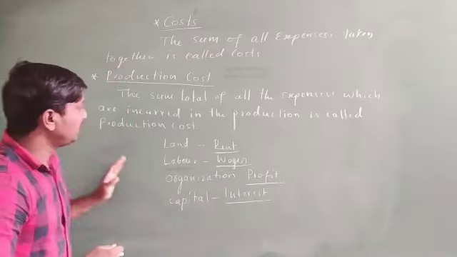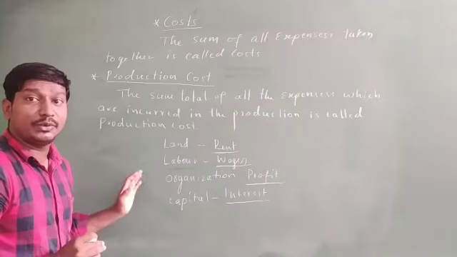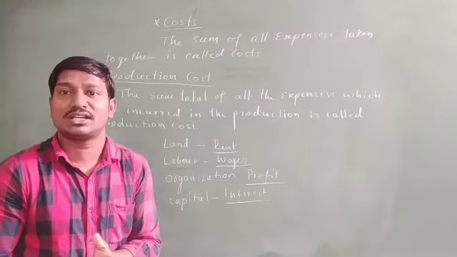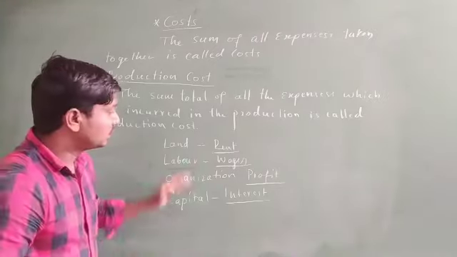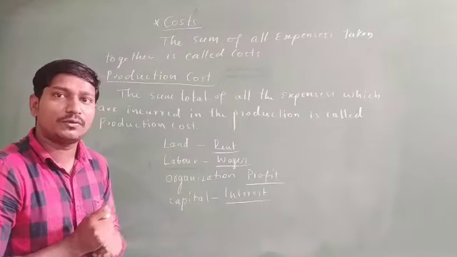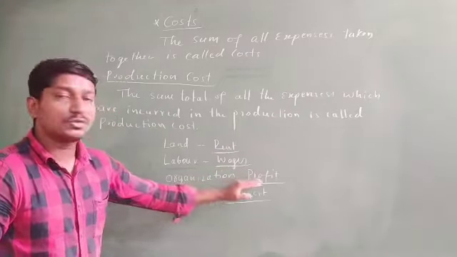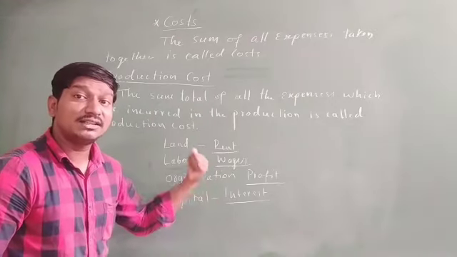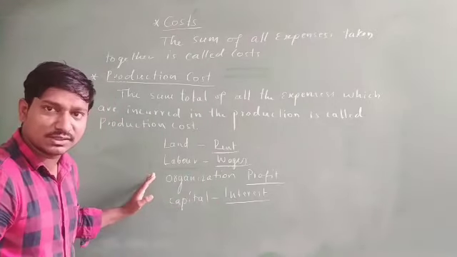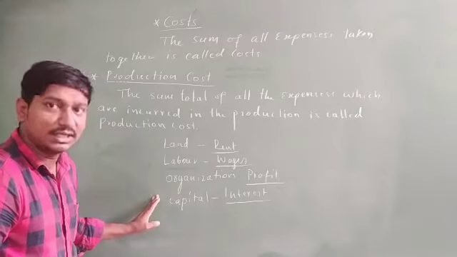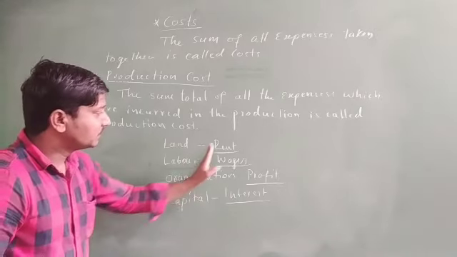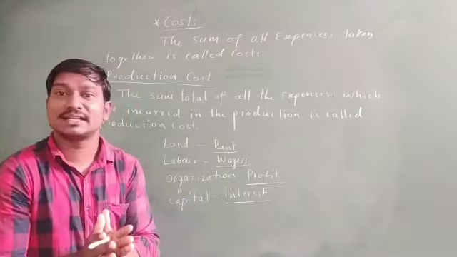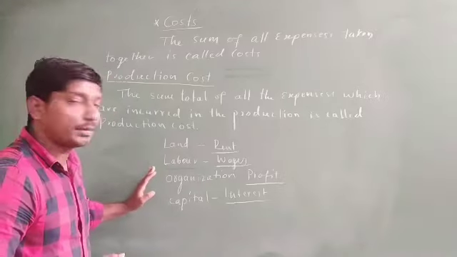But here we are speaking from the point of view of the producer, where the producer is the user, not the owner. As he has to use all these four factors of production, he has to make these payments. These are the incomes for the owners of the four factors, but at the same time these are the expenses or payments for the producer.